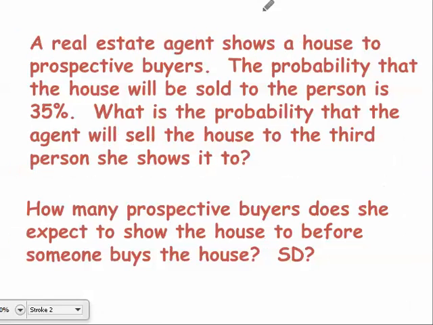Okay, so here's another problem. A real estate agent shows a house to a prospective buyer. The probability the house will be sold to that person is 35%. So that's P is going to be 0.35, and 1 minus P is going to be 0.65. What's the probability the agent will sell the house to the 3rd person she shows it to?